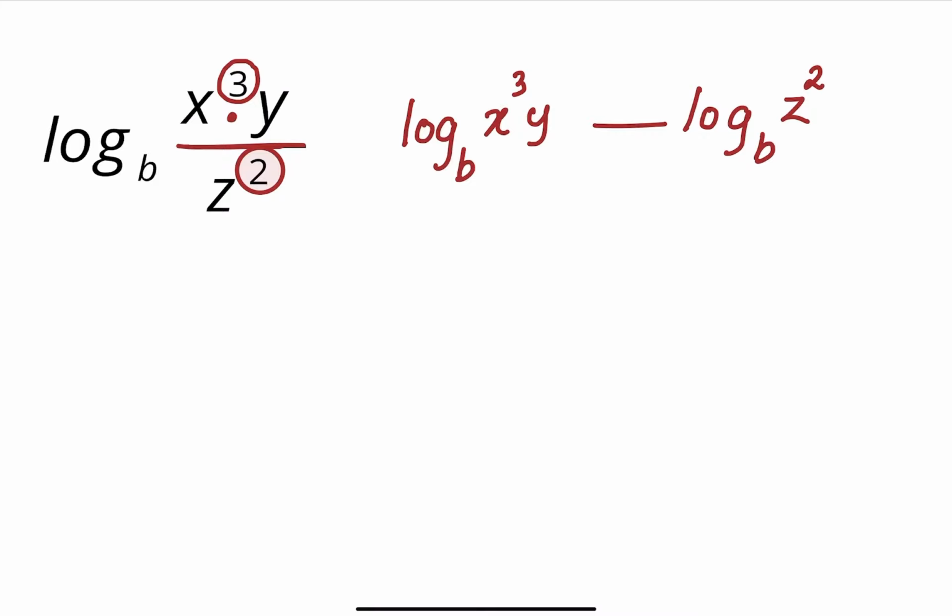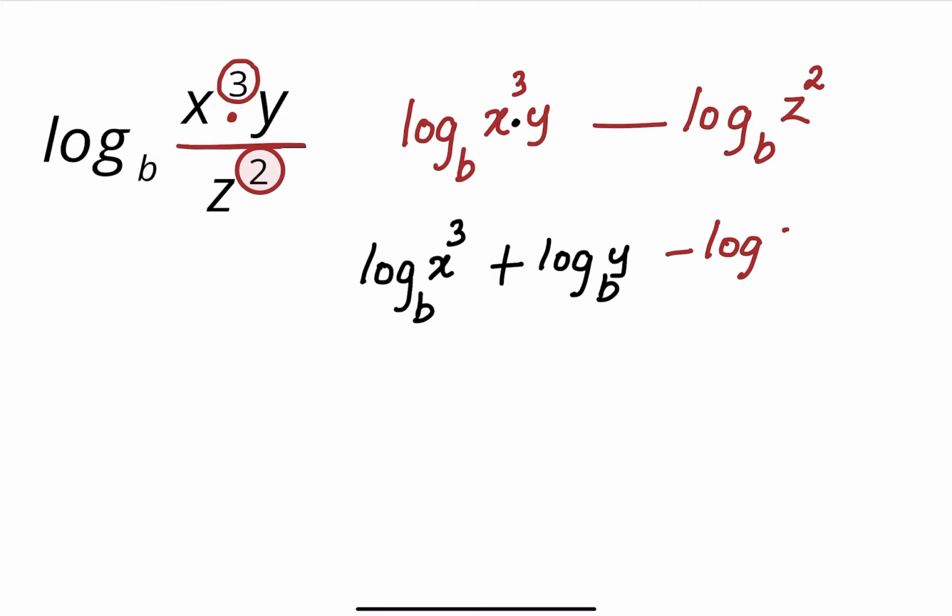Okay, once that's done, I see a multiplication. Multiplication now becomes addition. Log base b of x cube y, and now this one stays the way it is. Log z squared base b. I'm not done yet because I do have my powers here. What do? The powers get kicked right up in the front.